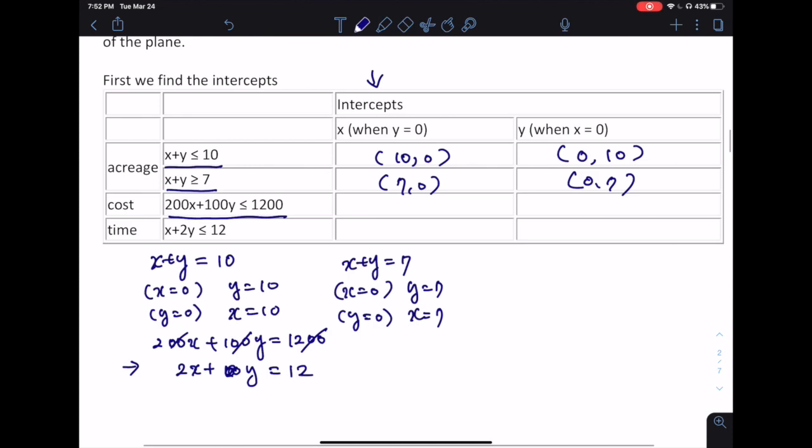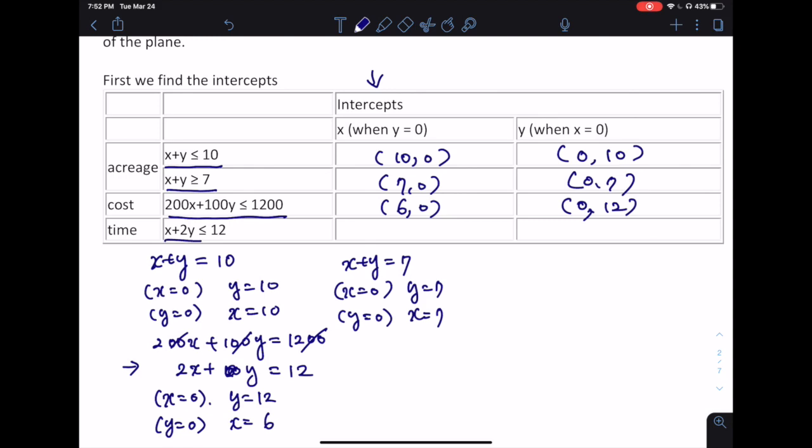So given this equation, when x equals 0, you will get y equals 12. When y equals 0, x is, easily you can find it, 6. So the intercepts are 6, 0 and 0, 12.